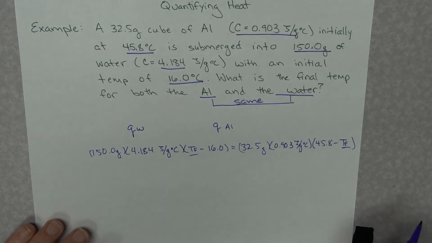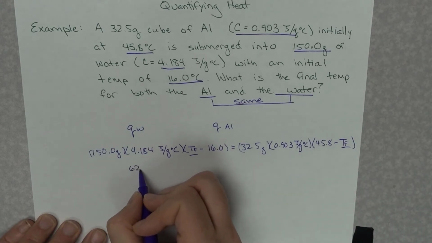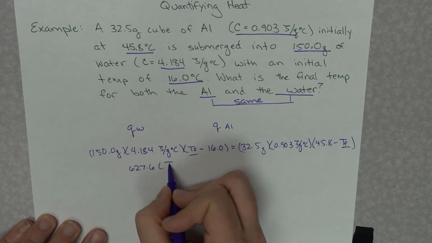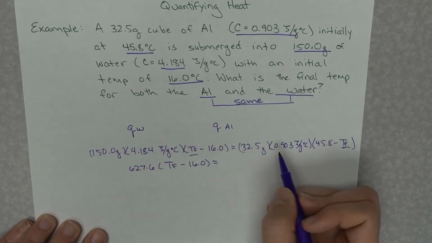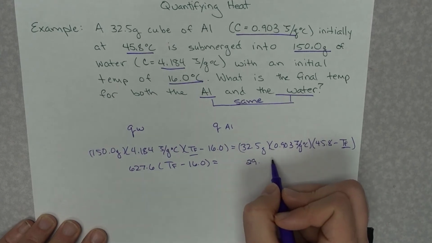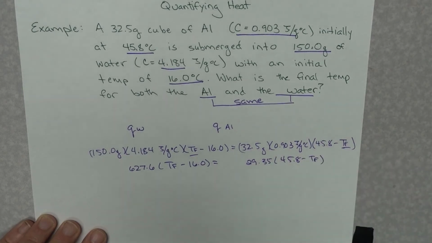So if you like watching people show their work, then this is for you. So when I combine these terms, it's 627.6 TF minus 16. When I combine these two terms, it's 29.35 times 45.8 minus TF. Okay?